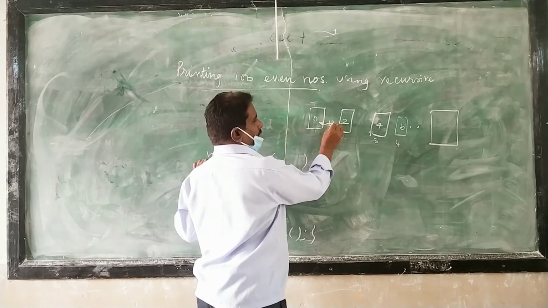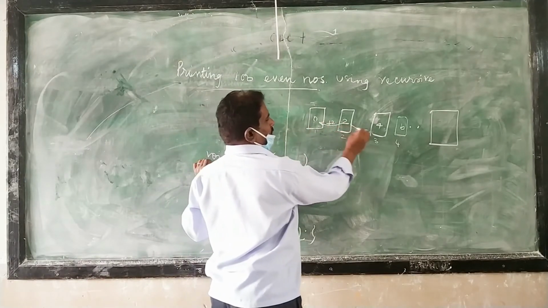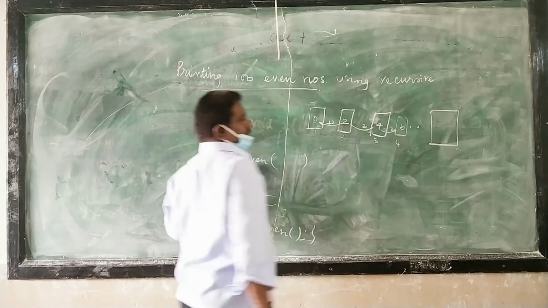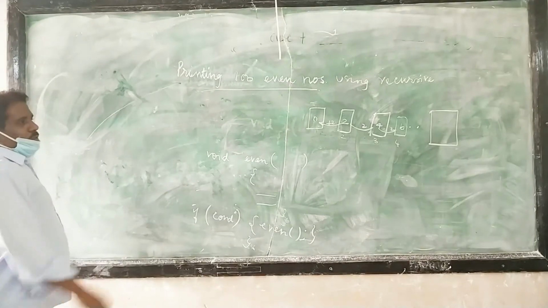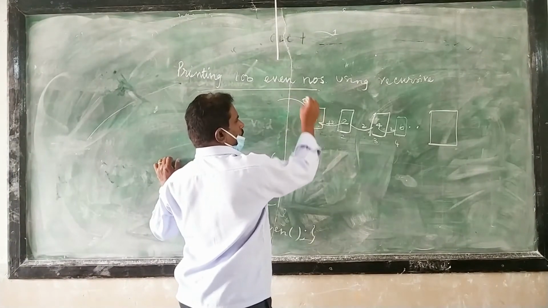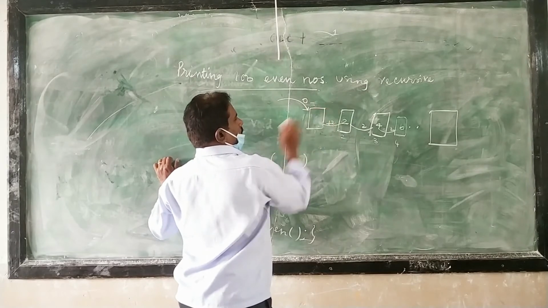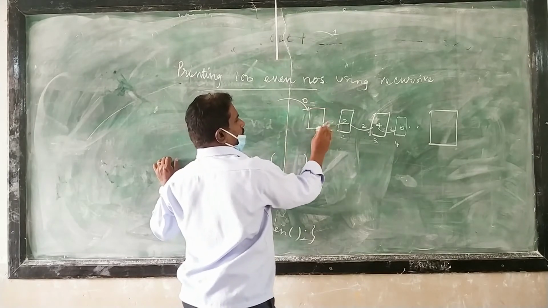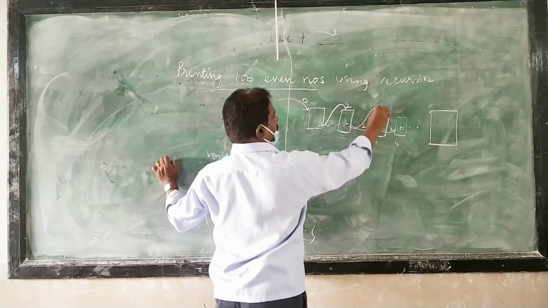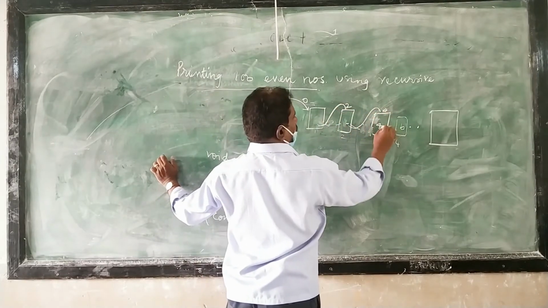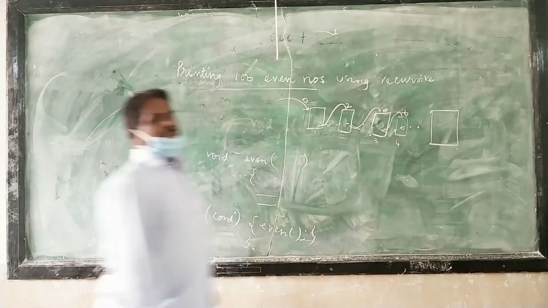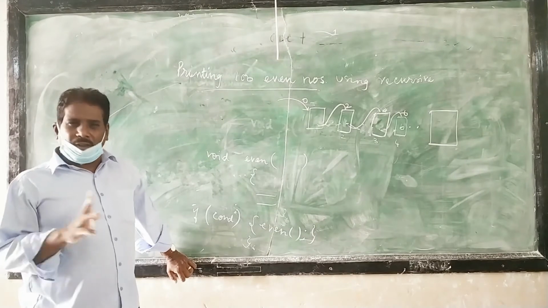The formula is: if you add 2 you will get the next one. So the first value I am going to bring is 0, the second block I will take the value 2, the third block the value 4, and the fourth block the value 6. Like this you will take. So this is how you have to understand.